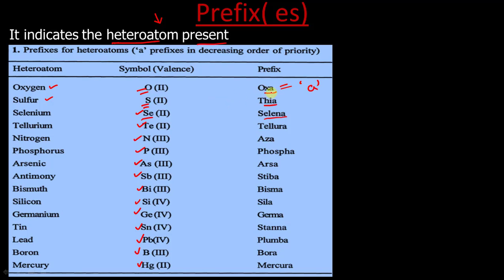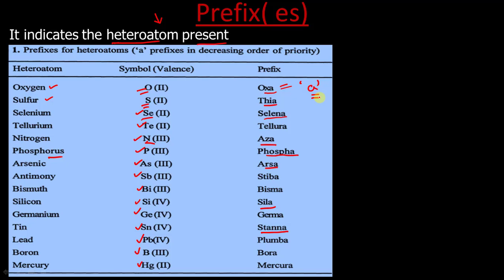For oxygen it is oxa, for sulfur it is thia, for selenium it is selena, for nitrogen it is aza, for phosphorus it is phospha, and similarly for other elements. For arsenic it is arsa, for silicon it is sila, for tin it is stanna. So these are some of the prefixes used for different heteroatoms. The name of a prefix ends with a.